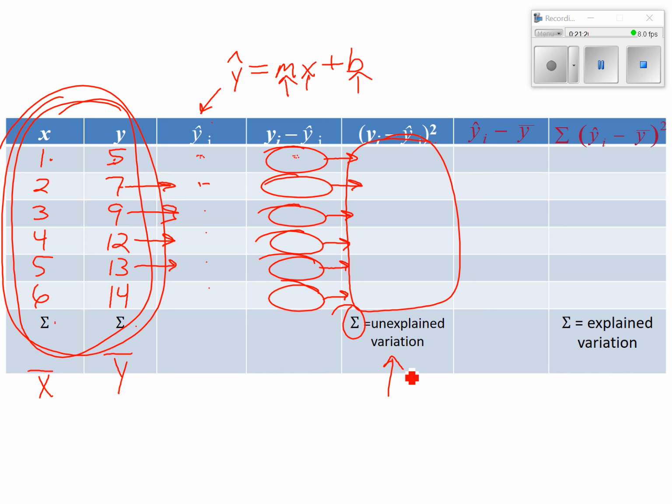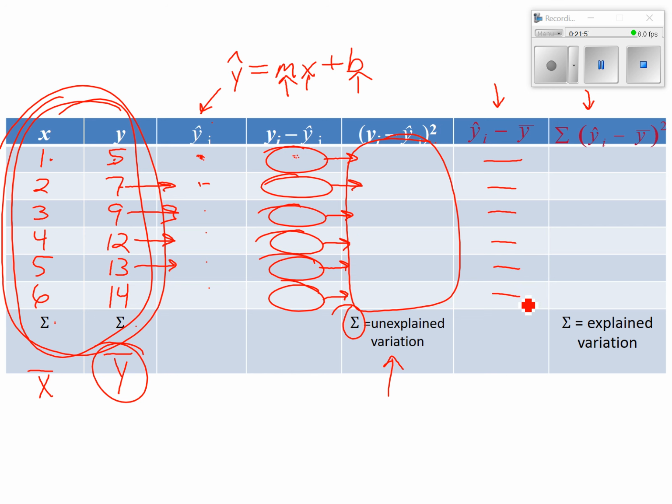I added on these two. To find our standard error, we really don't need these two columns, but if we know what y hat is, and we find what y bar is, then we can subtract y hat minus y bar for each one and get this answer here for each one down through here.